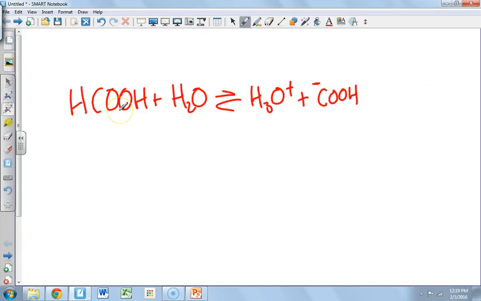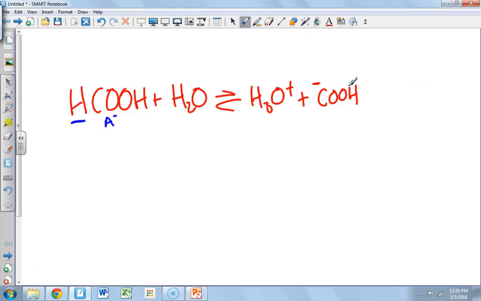So what we have done is, in essence, removed this proton, and this is our A minus. We removed the H, and it's transferred to here. And so what we have left is the A minus.